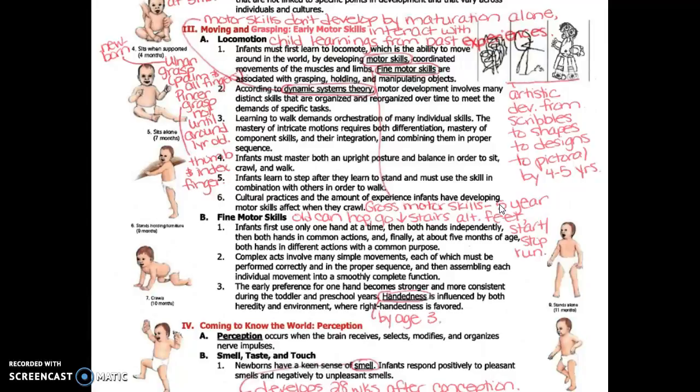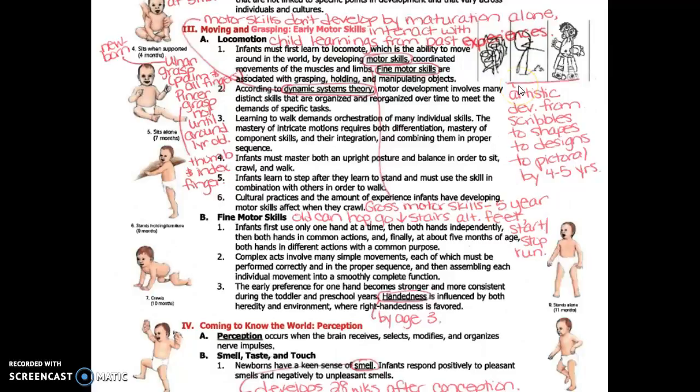All right, so as their muscles become more advanced, as they learn how to use their muscles, they are able to hop, go up and down those stairs with alternating feet, and be able to start a run and stop it without having to run into a wall or fall down. All right, that's around 5 years old.